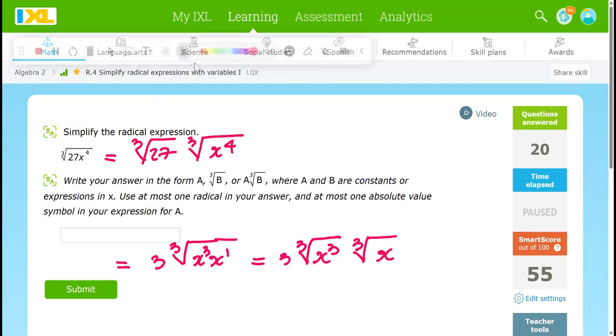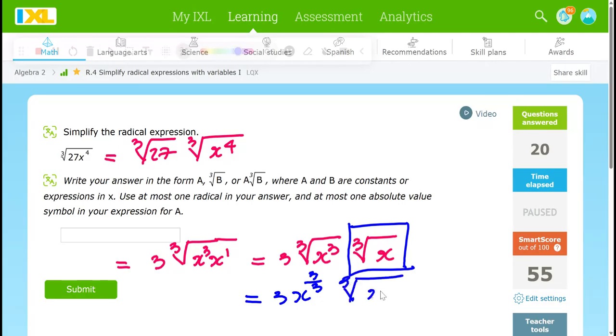So now, you can see this part cannot go further. This is 3. This is cube root of x to the power 3, so you divide by 3. And in the back, you cannot go further. So now you come out with 3. For x, 3 divided by 3 is 1, you don't have to write number 1.